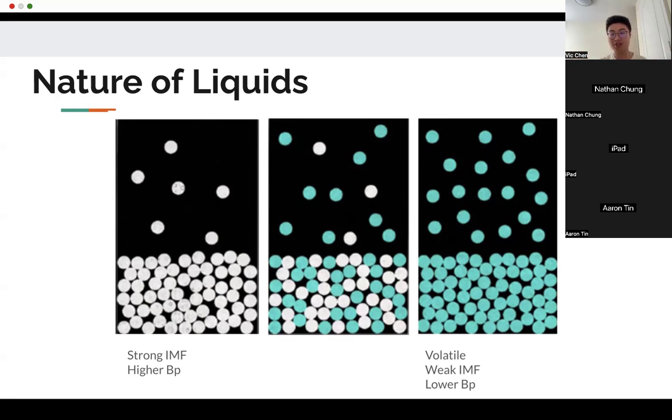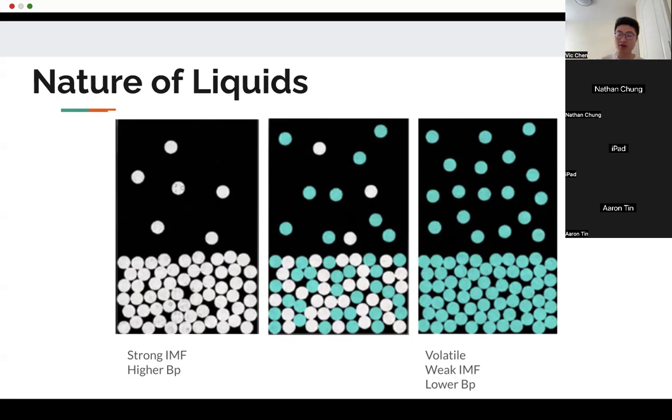Now, if you look at the image to the right where it's all blue, you can see that this has weak intermolecular forces of attraction. That means that it should be very easy to separate these molecules out and turn them from a liquid into a gas. And that means that it'll take less energy, which means you don't need as high of a boiling point in order to make these particles start to evaporate.